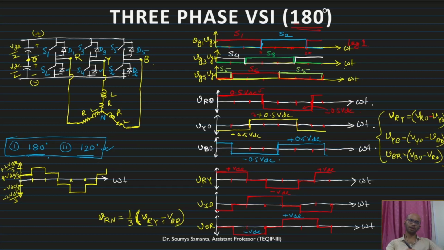So plus VDC by 3 to plus twice VDC, I am writing here also plus twice VDC by 3, otherwise it will confuse. This is plus VDC by 3. This is minus VDC by 3, minus twice VDC by 3.